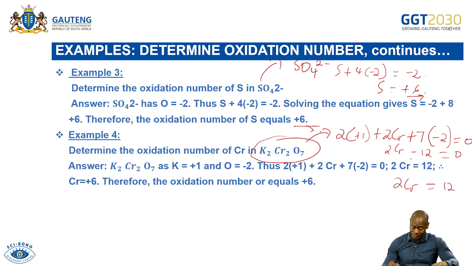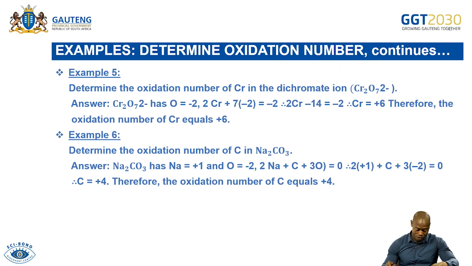It was negative this side, then the other side is going to be positive. Then I need to divide by 2, then Cr will be plus 6. That will be the oxidation number of chromium in potassium dichromate, right? So that was our example number 4, right?